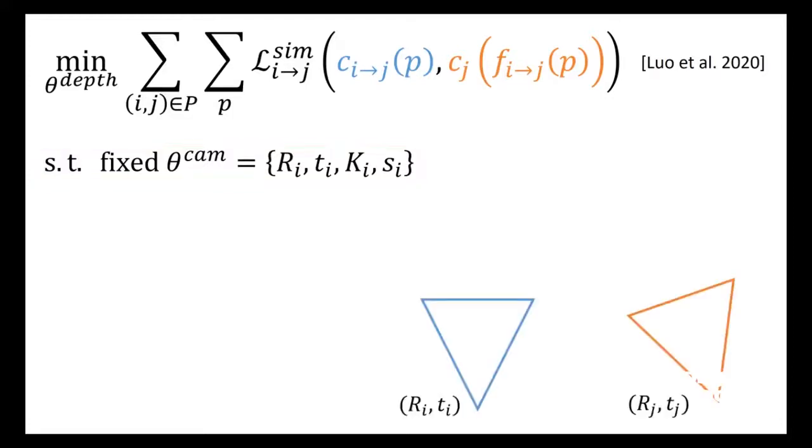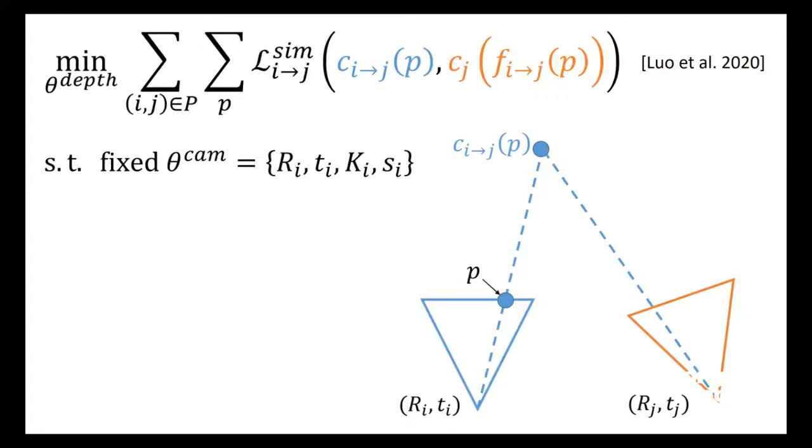So let's take a look at this frame pair i and j. If you have a 2D point in i's frame, and you want to estimate the depth, you can use this depth and reproject this point onto the second camera j. So this point is basically expressed in the camera coordinate system of the second camera.